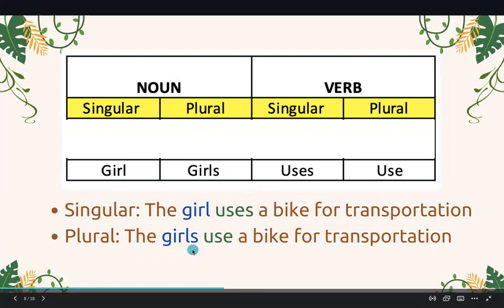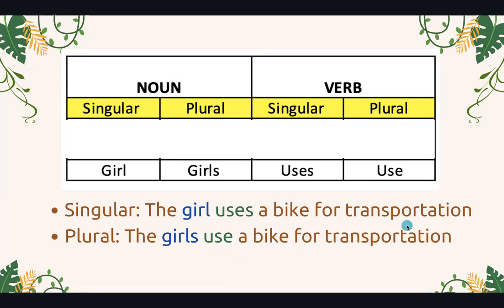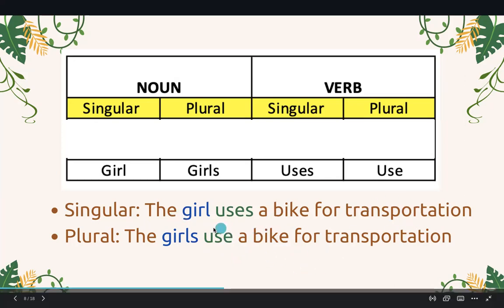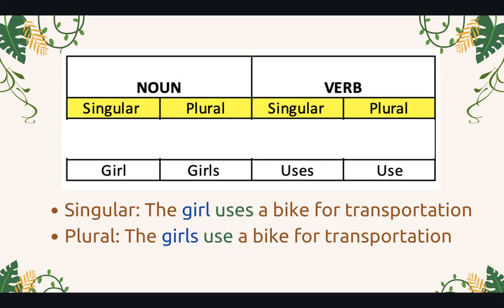You can see that a plural subject takes a plural verb, and a plural verb does not end with S. So that should be clear. Always remember that a singular subject takes a singular verb and a singular verb ends with S, and a plural subject takes a plural verb and a plural verb does not end with S.